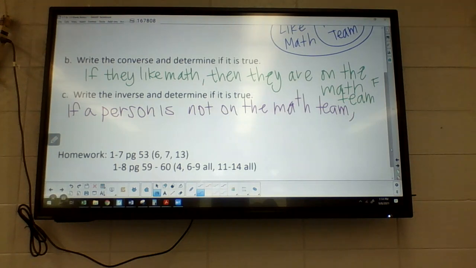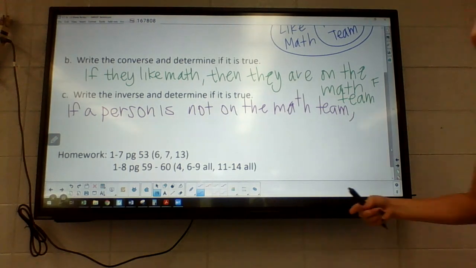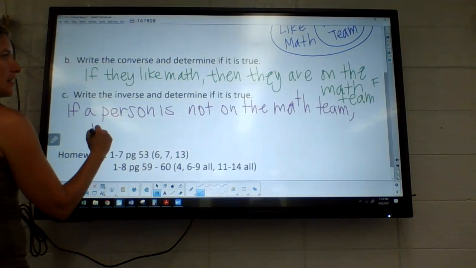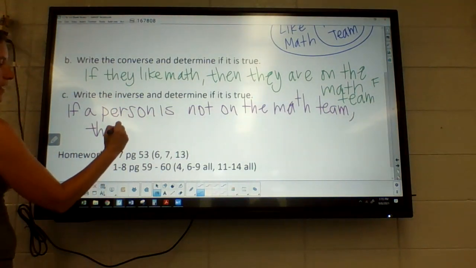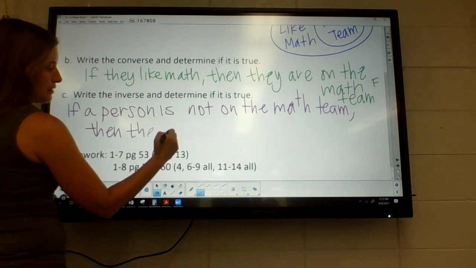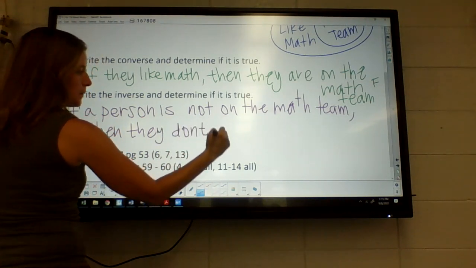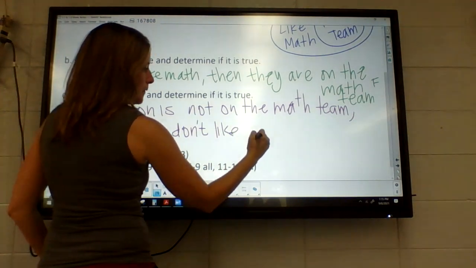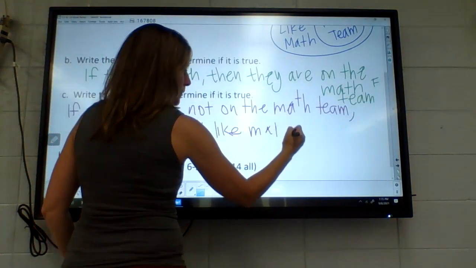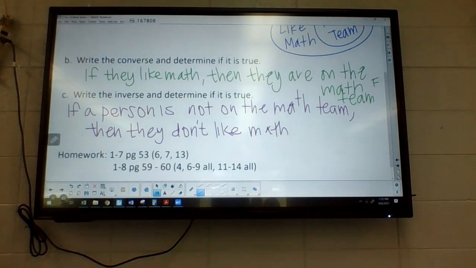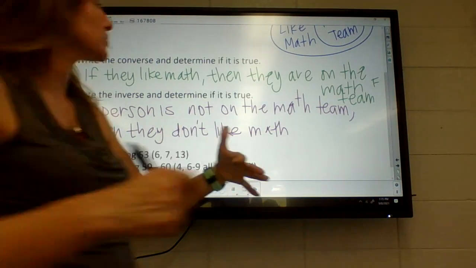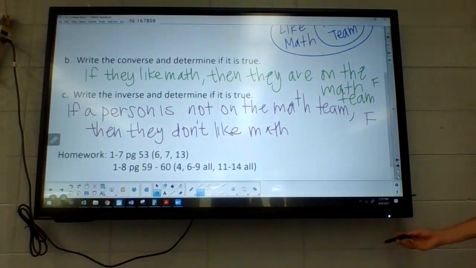Like, no, I don't. Right, he doesn't. So that's not a true statement. These two statements are generally the same outcome. So this is also false. Just because they're not on my team doesn't mean they hate it, or it doesn't mean they don't like it.